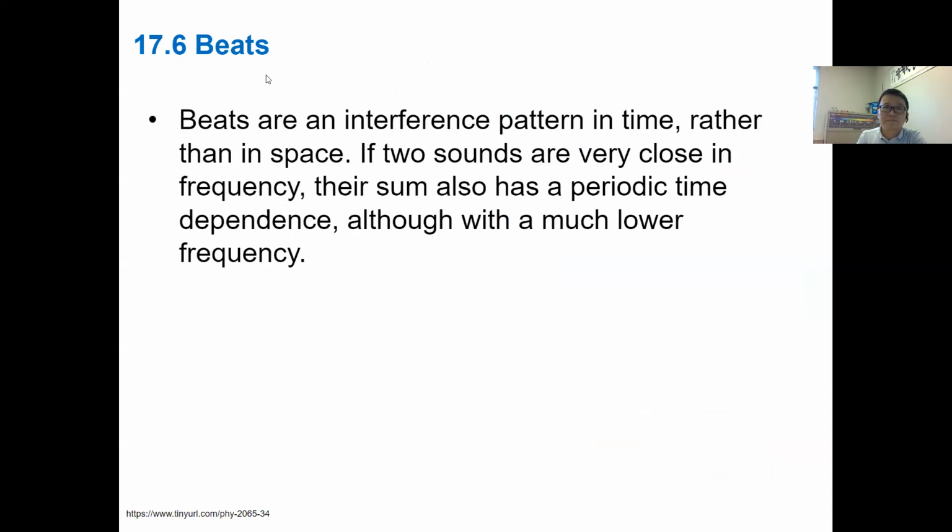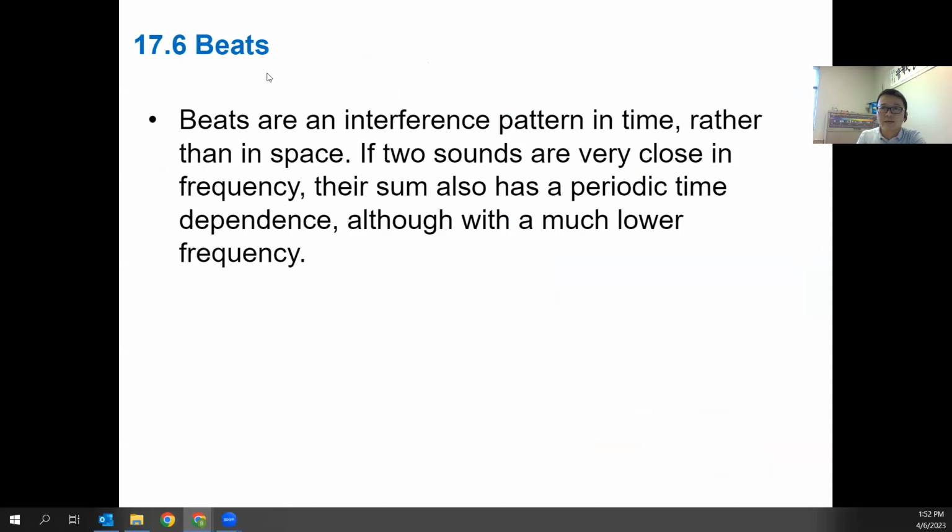So we have looked at the difference due to the path and the difference due to the initial phase. Now let's take a look at the difference in the frequency. When there's a difference there, this is called beats.